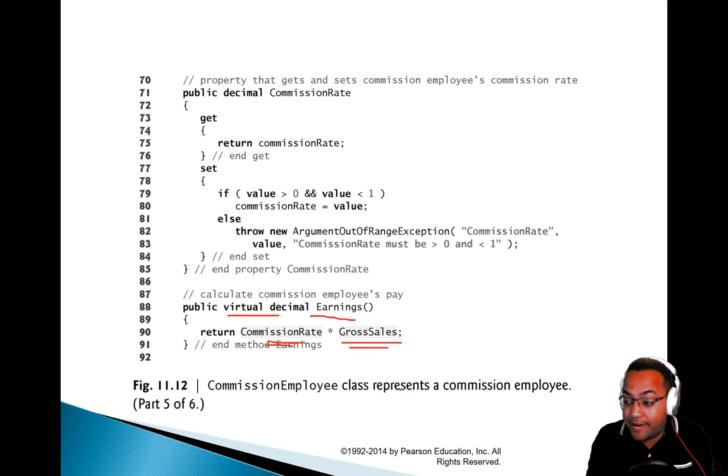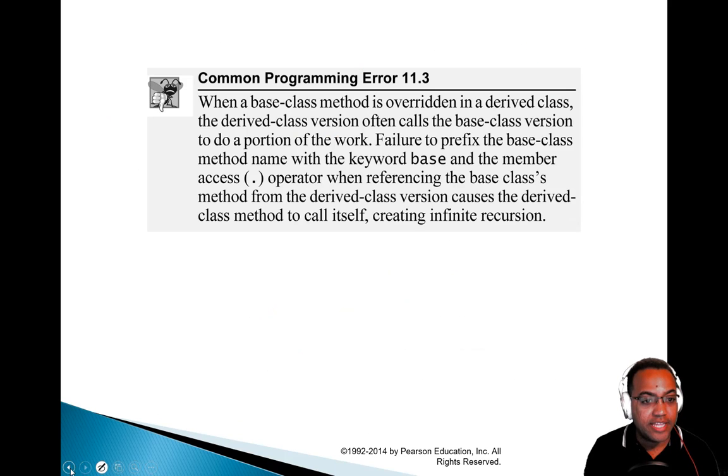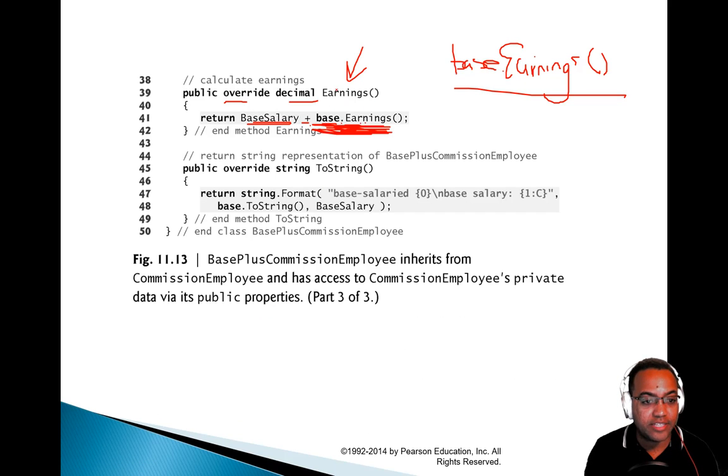It's already there in the base class. All we really have to do is override that method and say, yeah, I know that's what that does, but what I really want is to use this earnings method name again, but this time run the earnings method that's in the base class and then add the output to the base salary that we have in the derived class. And then I want you to output the base salary class information while I override the toString object.